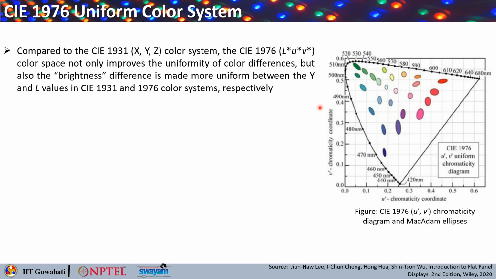That is where the gain is, right, because Y is the brightness value in the 1931 system, and here L is the value used for the 1976 color system. So the brightness difference is also made uniform.